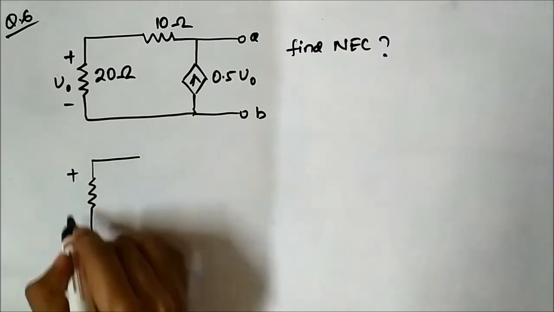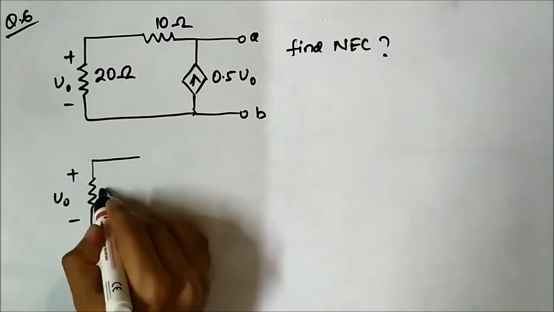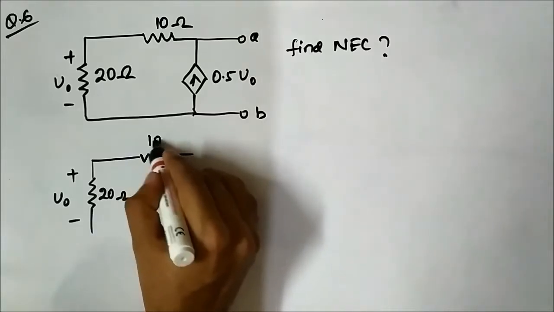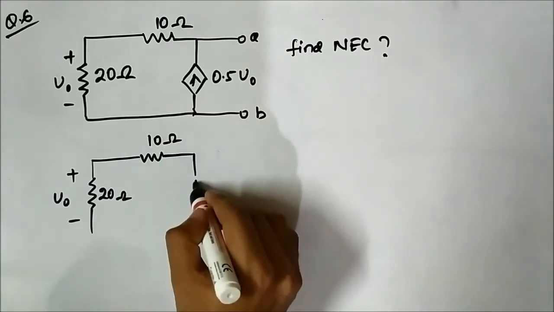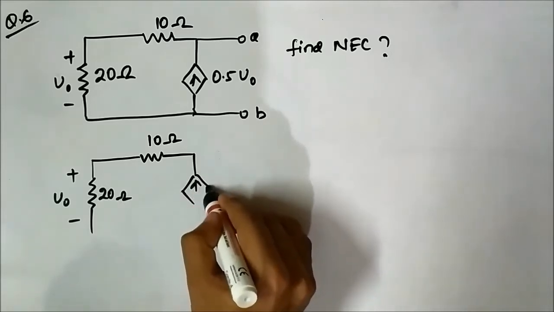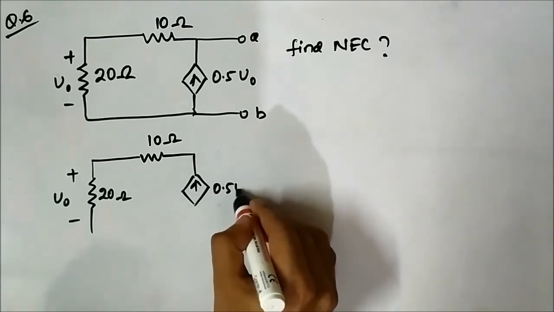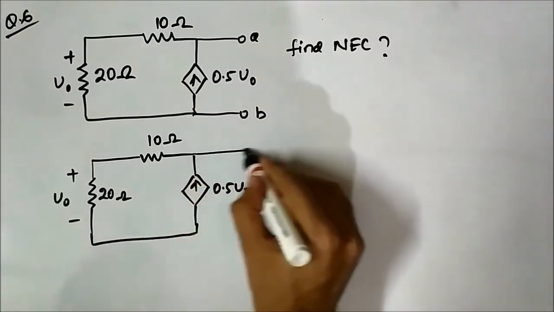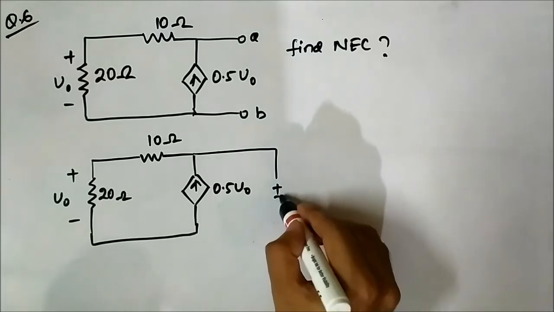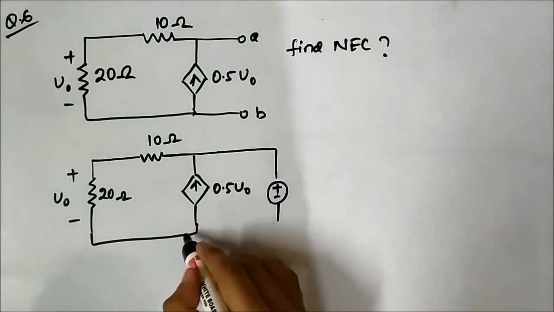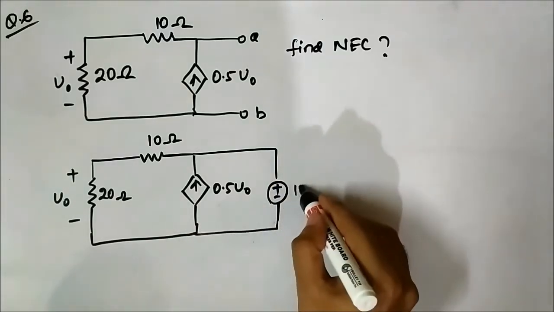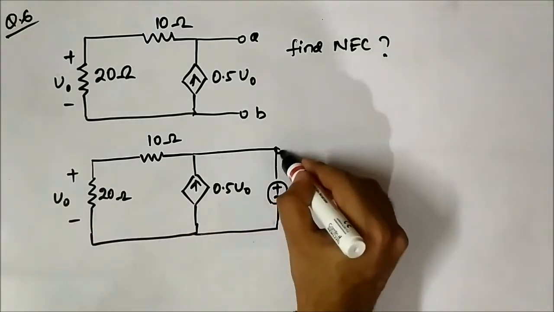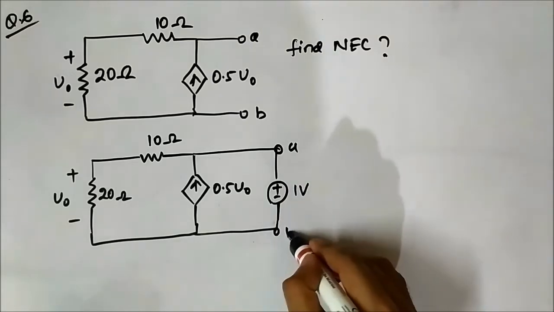Here plus minus V0, 20 ohm, 10 ohm, 0.5 V0, and here we will connect a 1 volt voltage source. Okay. So this is A, this is B.